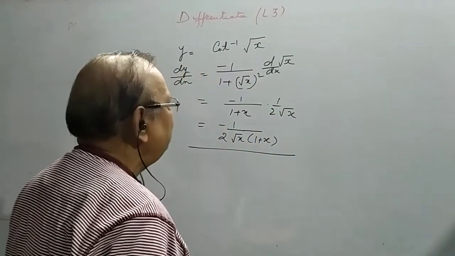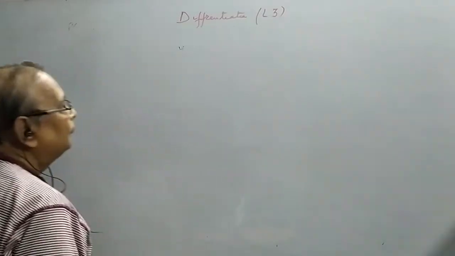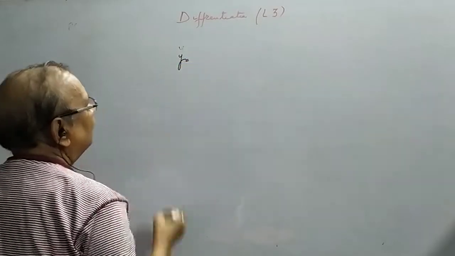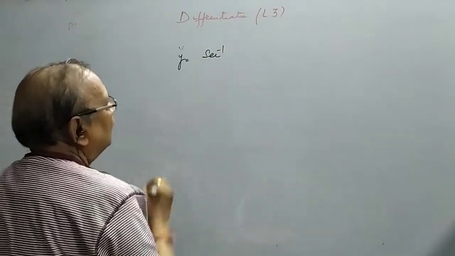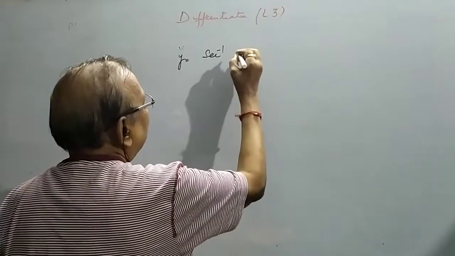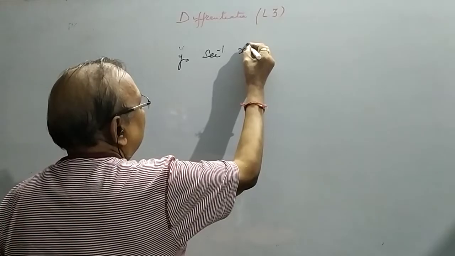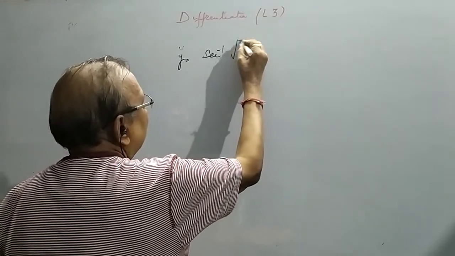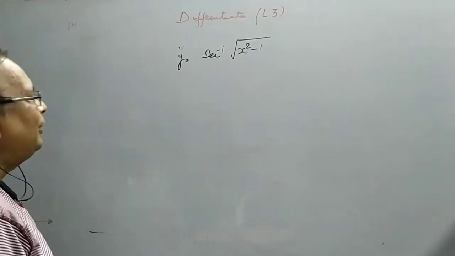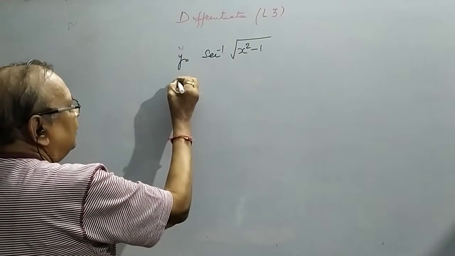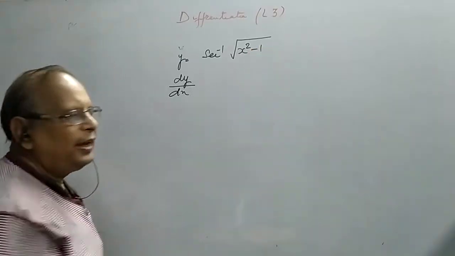Now take another example, that is y is equal to sec inverse under root x square minus 1. How will we get dy by dx? Instead of x there is under root x square minus 1.